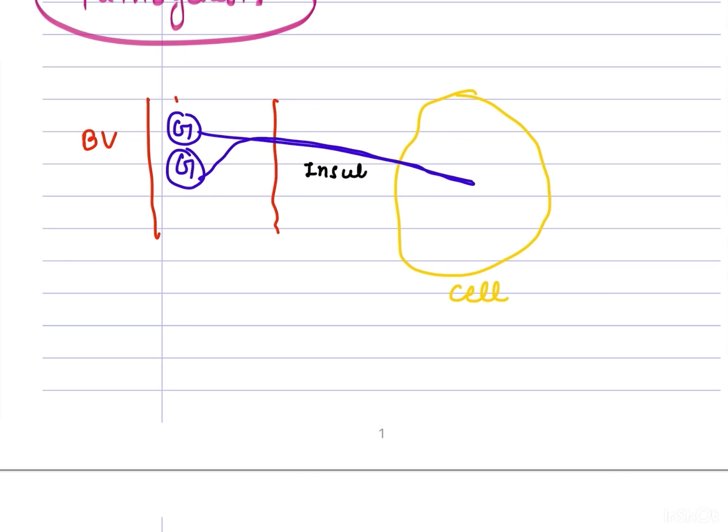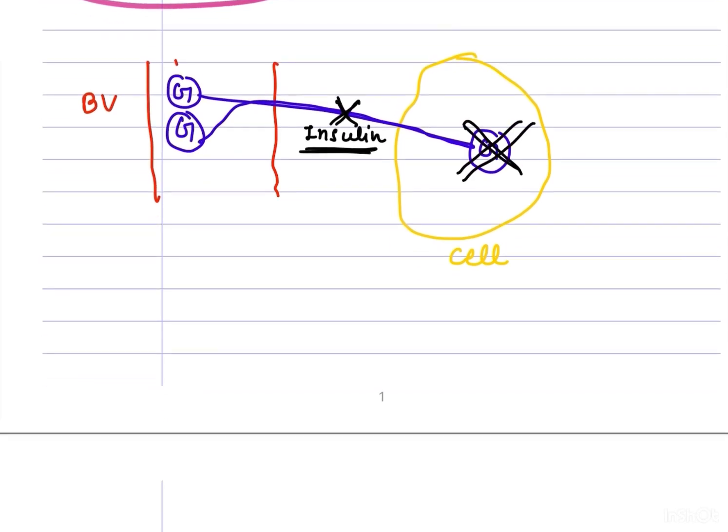Without insulin, this transfer can't occur, and here we have insulin deficiency. So the glucose will not come into the cell, this pathway will be cancelled, and glucose will be in high amount in the blood. The cell is suffering from glucose deficiency, but in the blood vessel we have an excess amount of glucose.